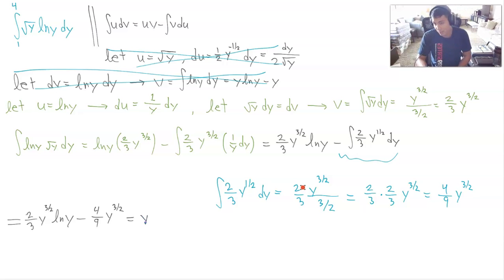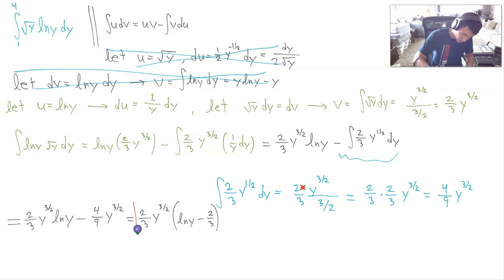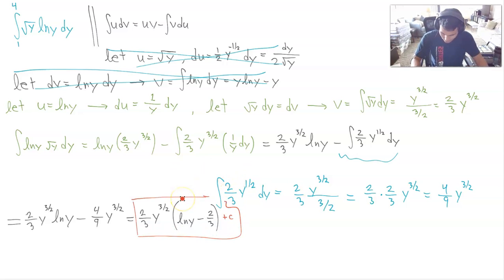We could also factor out the 2/3 and all that. So I will do that as well. We'll go 2/3 y to the 3/2. Then we're just going to get ln y minus 2/3. So this would be your indefinite answer, but you have bounds, so you do need to do a little bit more.